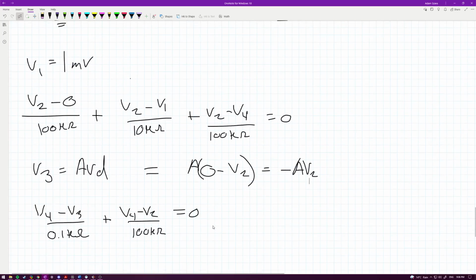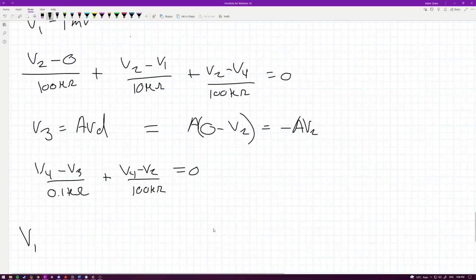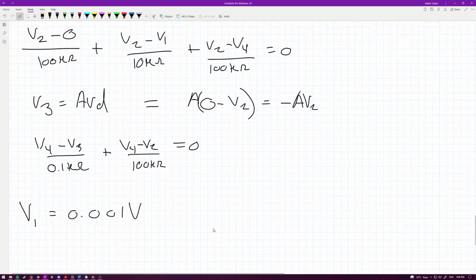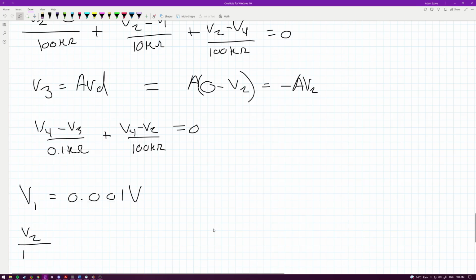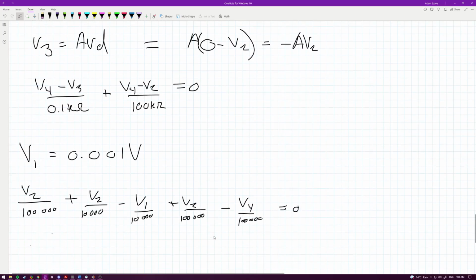The millivolts and the kilo ohms are going to screw me up, aren't they? Should I just turn everything into volts and ohms? V1 is 0.001 volts. V2 over 100,000 ohms plus V2 over 10,000 ohms minus V1 over 10,000 ohms plus V2 over 100,000 ohms minus V4 over 100,000 ohms equals 0.